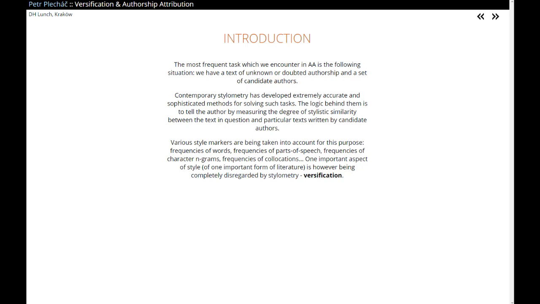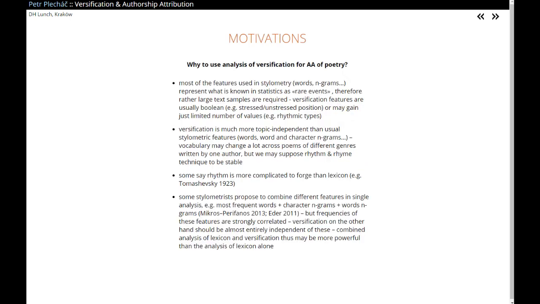However, it seems to me that one important set of features, in one important form of literature, which is versified poetry, is not being taken into account, even though there are strong arguments why it should be considered a reasonable style marker. So, to mention just a few reasons why I think it's worthy to deal with versification.